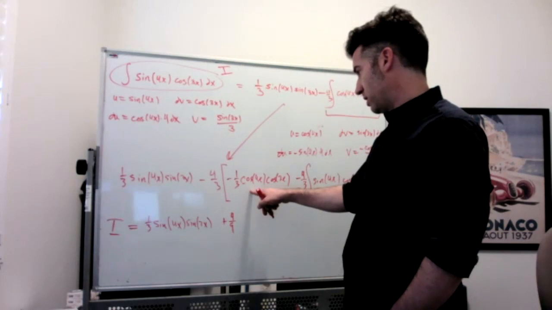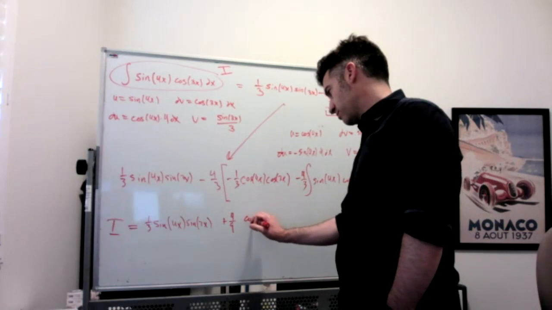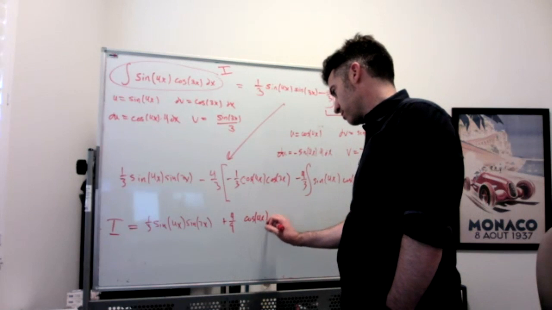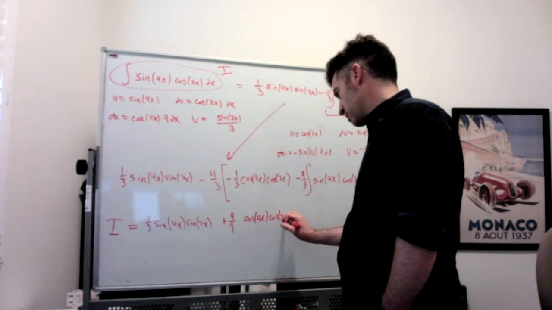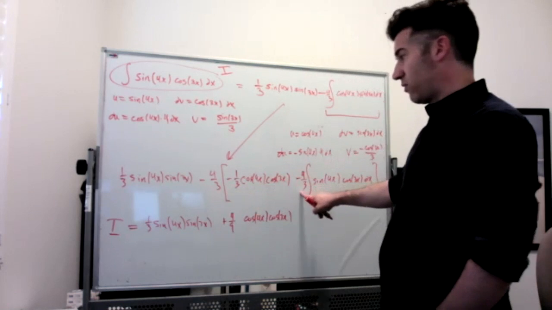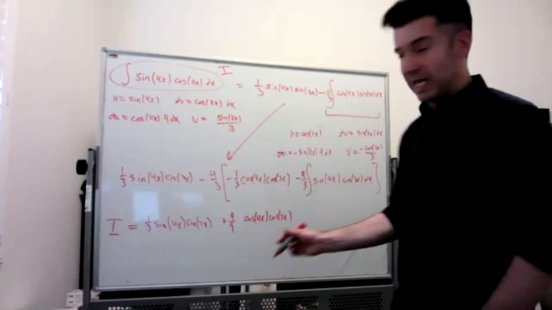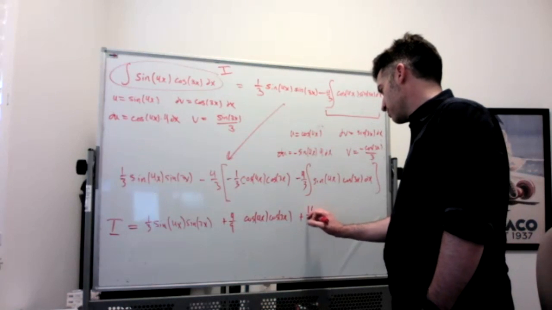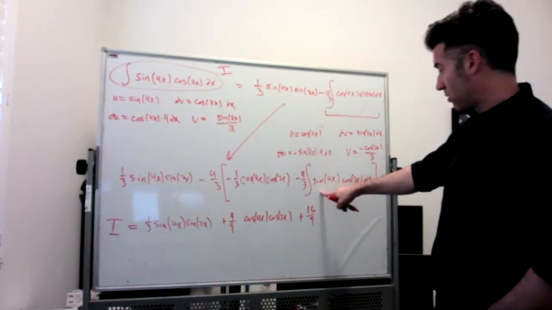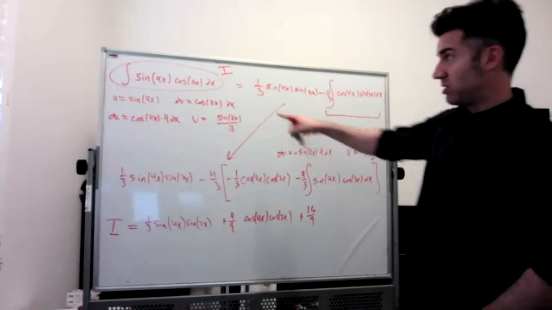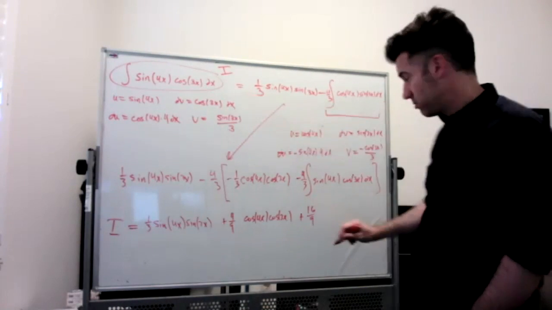And then I've got cosine of 4x times cosine of 3x. And then negative 4/3 times negative 4/3 is positive 16/9. And then I've got the integral of sine of 4x times cosine of 3x, which is what I'm calling I.